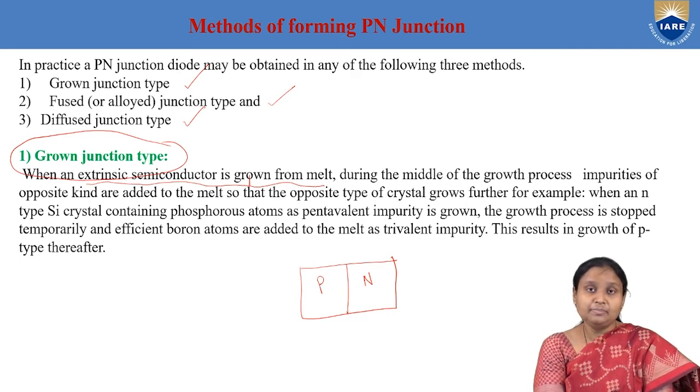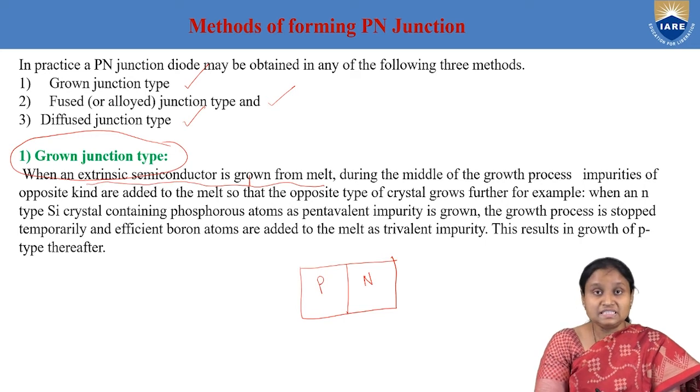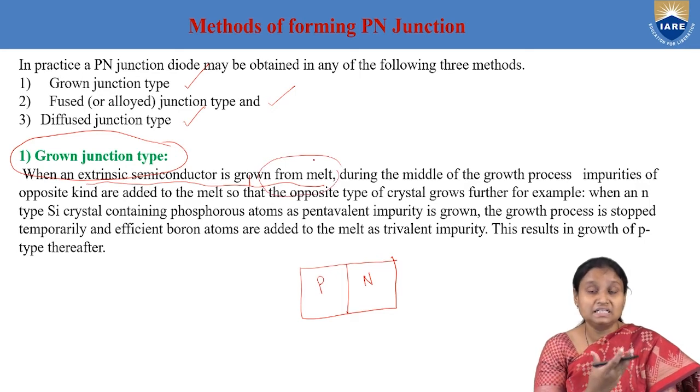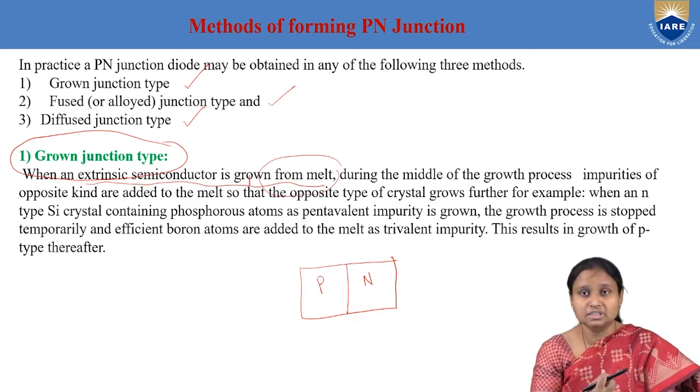We know that p-type and n-type semiconductors are extrinsic semiconductors, and we grow them when they are in the molten state. Hot liquid is called the molten state.